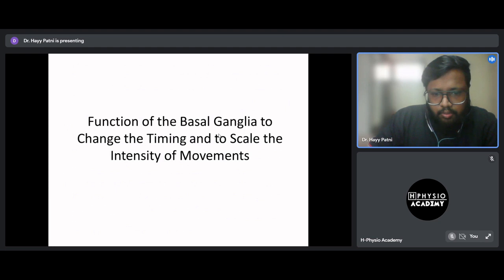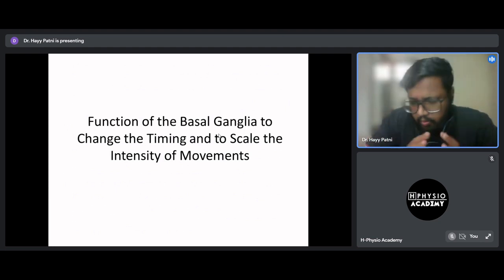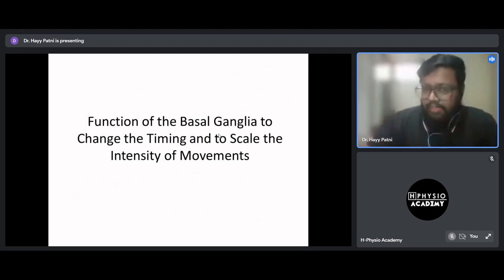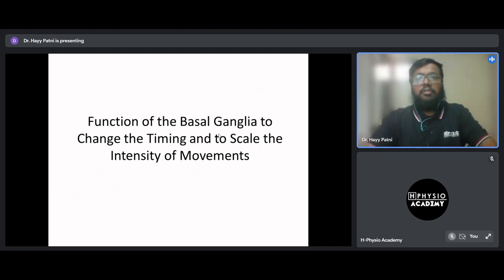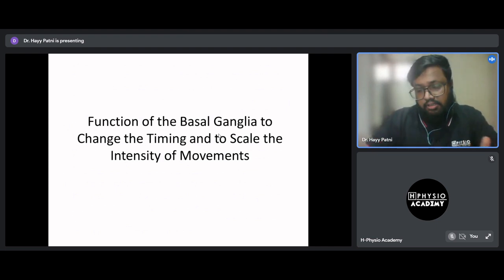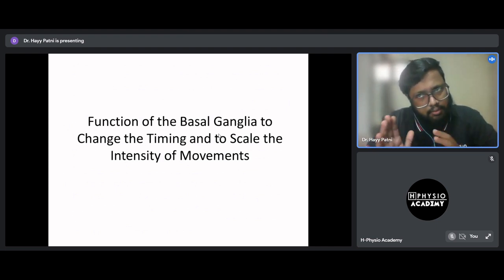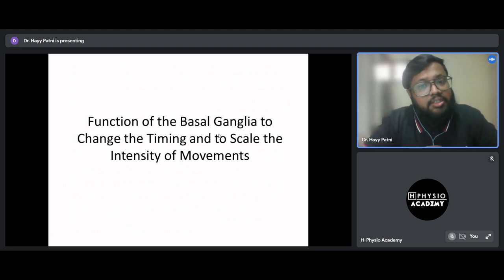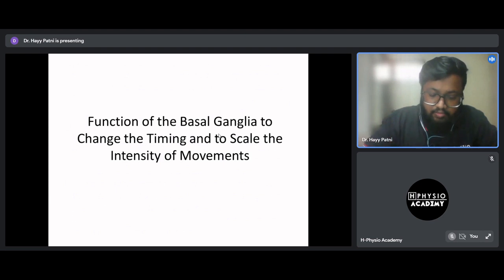All right, so we'll now understand the timing and the scale of the intensity. We just understood how the caudate circuit might be involved in sequencing, but now we'll understand the timing and the scale of the intensity of movement.